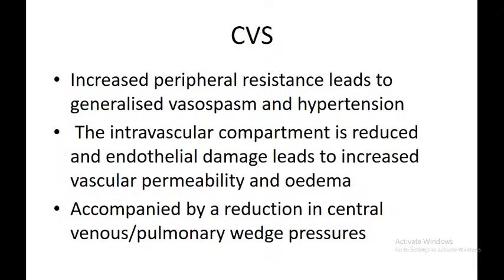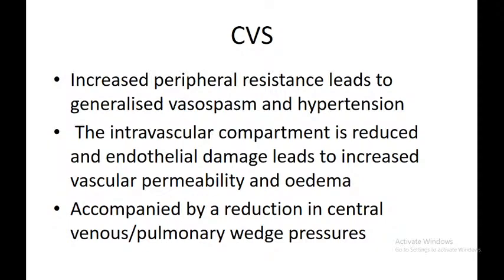So the intravascular compartment is reduced, that is, there is hemoconcentration in this condition, and you very well know that there is endothelial damage. So significant vascular damage, or the endothelial damage, leads to increased vascular permeability. That is what we said, that there are leaky capillaries. So the extensive endothelial damage leads to increased vascular permeability and hence edema.